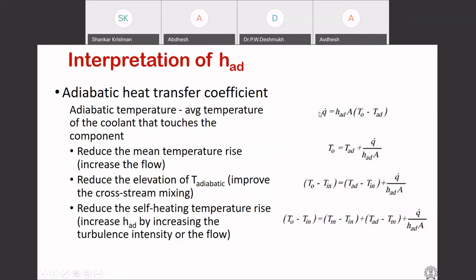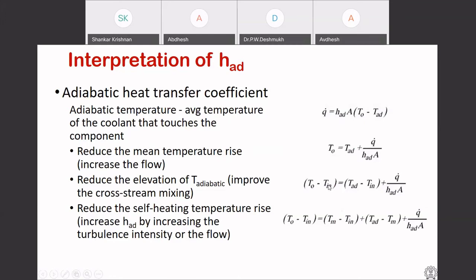This is Newton's law of cooling, where T naught is the temperature of the wall minus T adiabatic. T adiabatic is obtained because of preheating by prior heat sources. Now one can rewrite this expression as wall temperature equals adiabatic temperature plus Q divided by the adiabatic heat transfer coefficient times surface area.